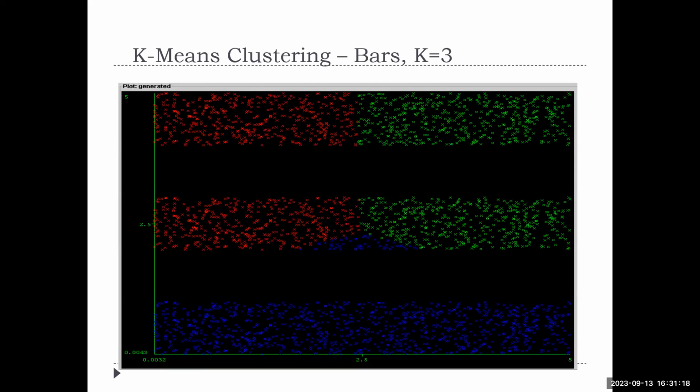Why is the first top bar divided into 2, the bottom bar a single cluster, and the middle bar has parts from 3 clusters? Any guess what's going on here? Maybe the distance between the points at the ends is higher than the distance between them. Yeah, that's the answer.